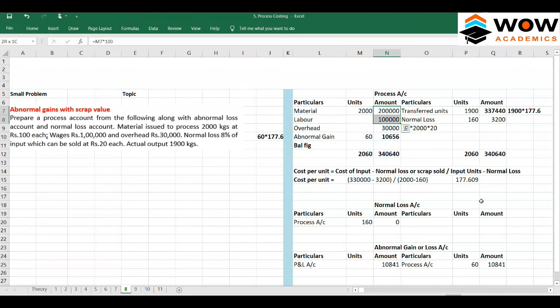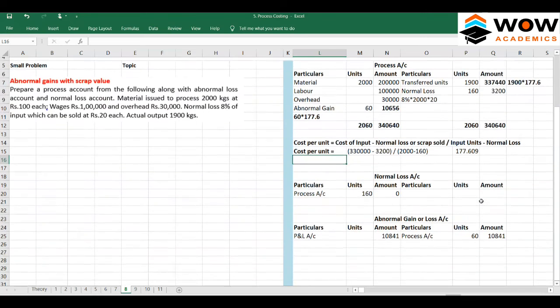Let's see whether we get the answer. Yes, we get a similar answer. So either you can find it out as a balancing figure or you multiply and get it. Either way you do, you will get the same answer. So our process account and normal loss and cost per unit is over.